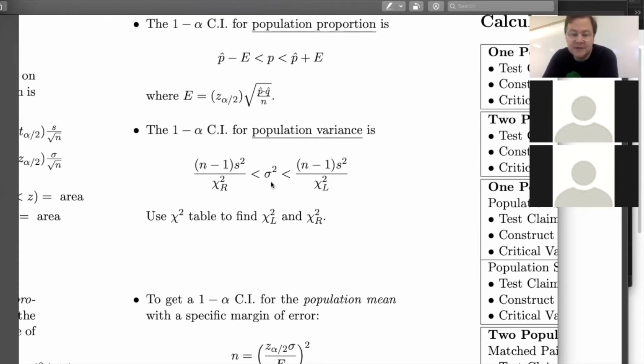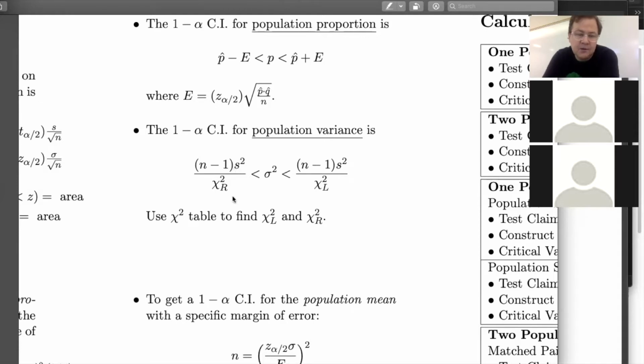And in order to use this formula, you need to know what n is. And if you found the degrees of freedom, you must have known what n was. You also need to know what the sample standard deviation is, and that's given in the question.